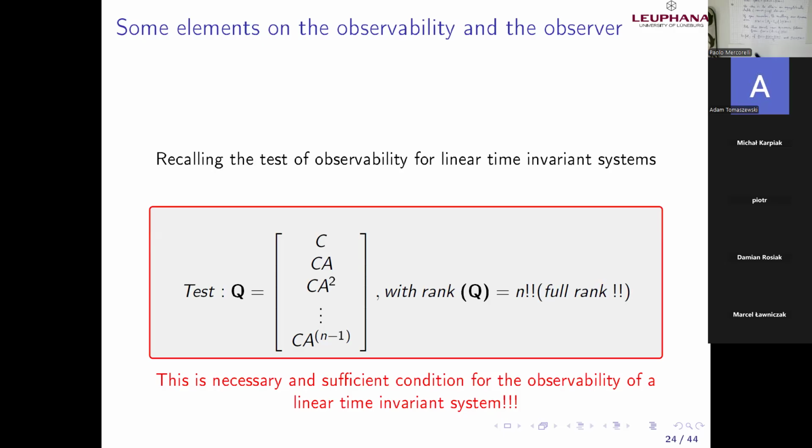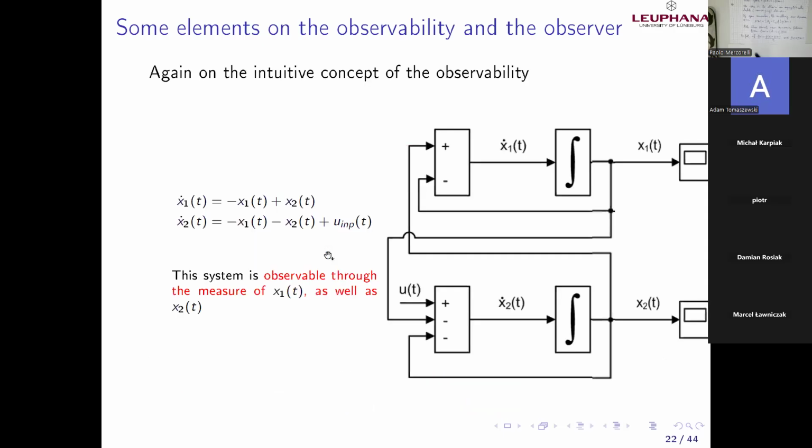The reason is that it depends on the map of the output, what I measure, but it depends also on the dynamics. We can see from here, it doesn't matter what I measure. The matrix C, it doesn't matter if it's 1, 0 or 0, 1, because the matrix A is an interconnected matrix.